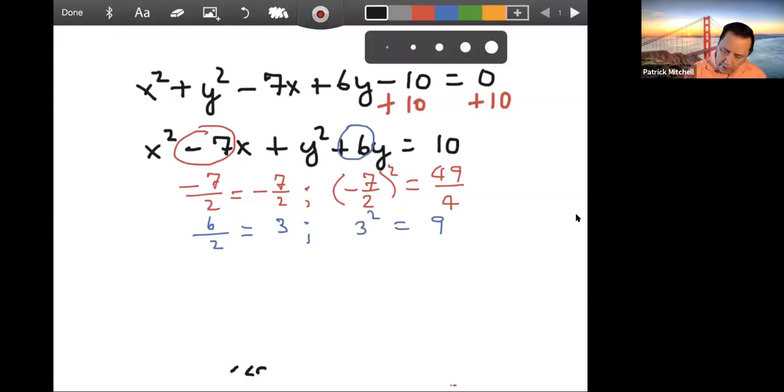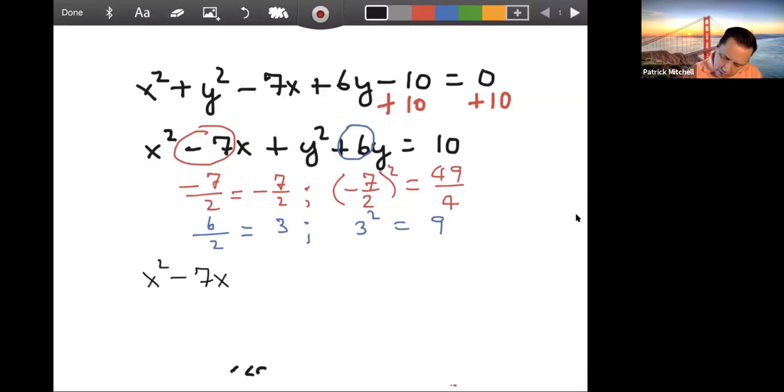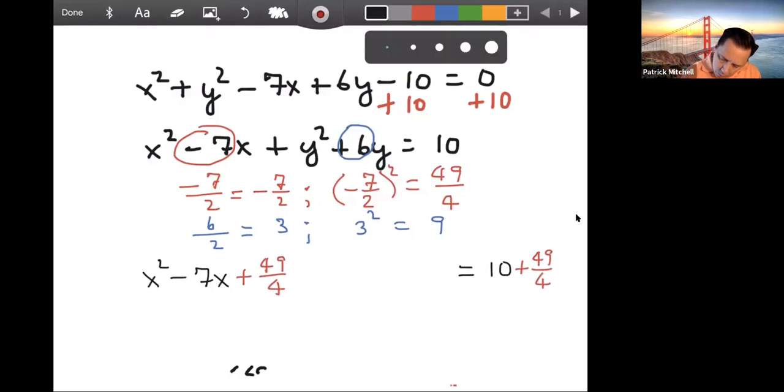So what we're going to get is x squared minus 7x. Let me go ahead and put this equals 10 over here. And now I'm going to add 49 over 4 to both sides. And then we have y squared plus 6y.